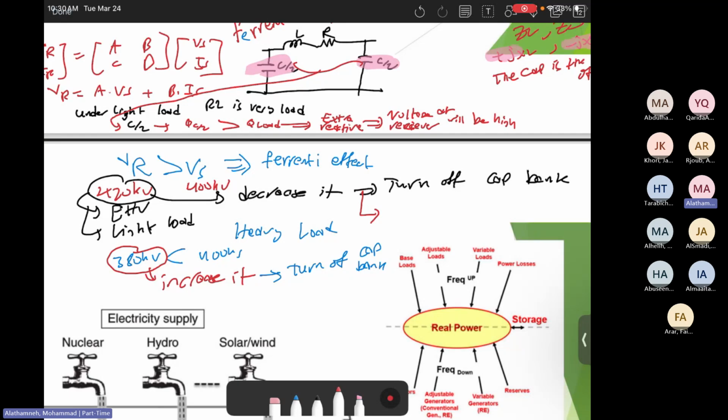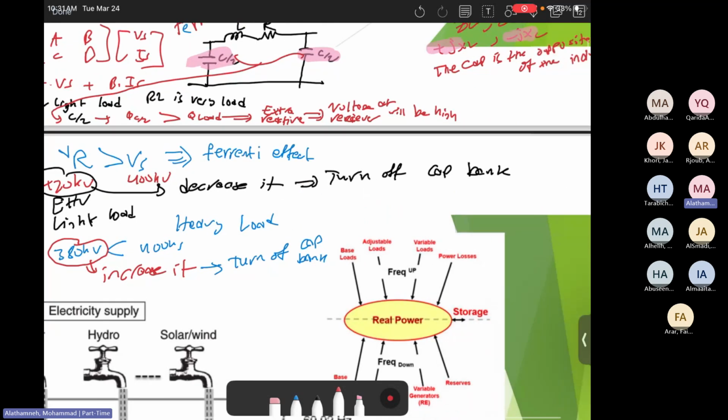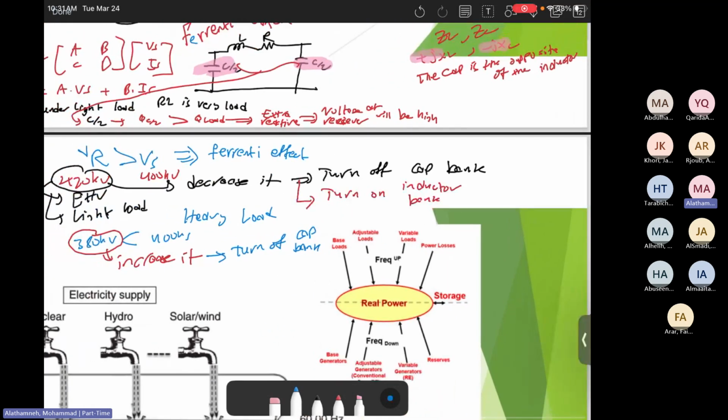By adding inductor. So sometimes turn on inductor bank. But we don't call it inductor bank. In electrical engineering in the power substation, we call them reactors. So we have reactors in Jordan in several substations, especially in 400 kilovolt and extra high voltage.